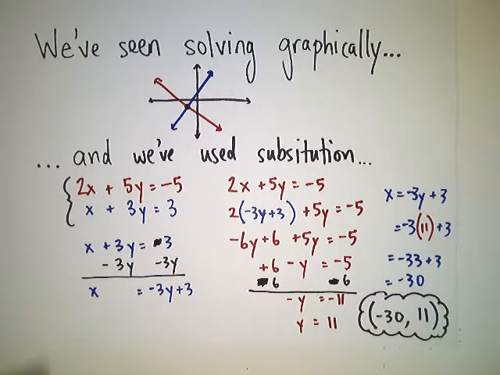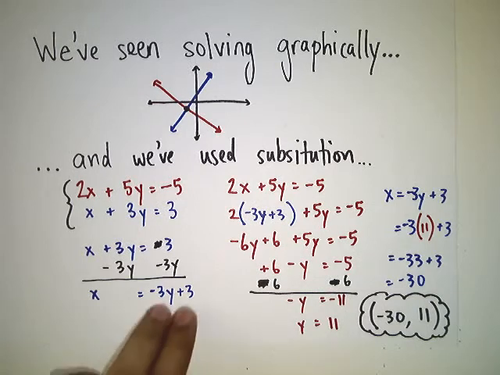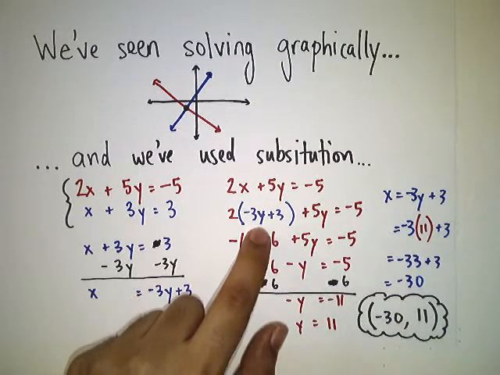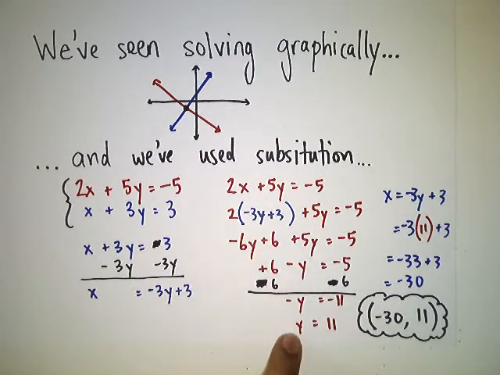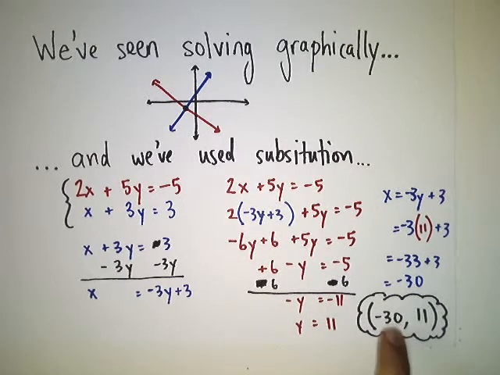Remember, that was when we solve one of the equations for one of the variables, plug whatever we get back into the other equation, solve for the remaining variable, and then plug that back in until we get an ordered pair or a set of coordinates for a point. You don't have to take this down.